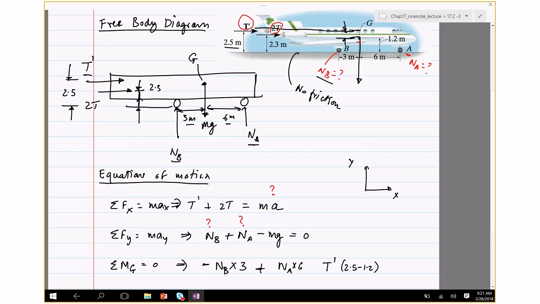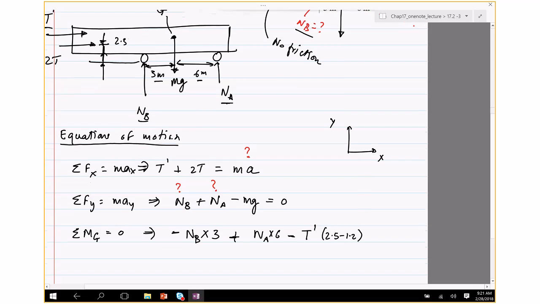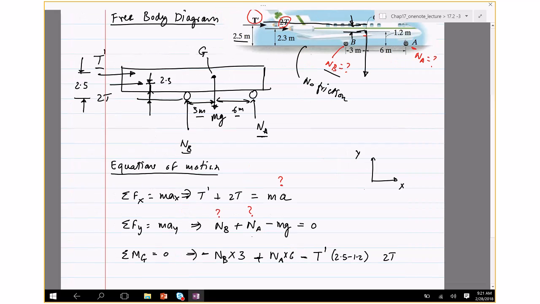So what's the sign? Is it positive or negative? It's negative because, again, if you hold the plane at G, and that force is slightly above G, it will cause a moment in the clockwise direction, so negative. And then there is 2T, so that's going to be 2.3 minus 1.2, similar to the previous one.